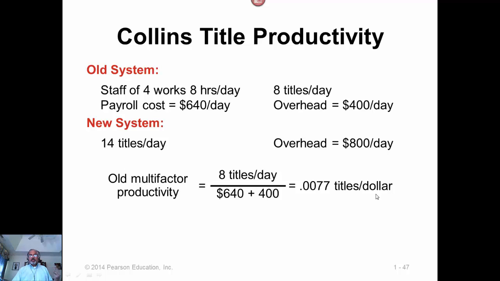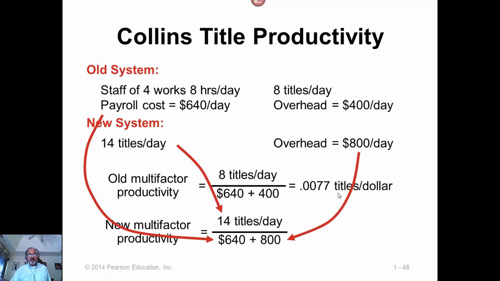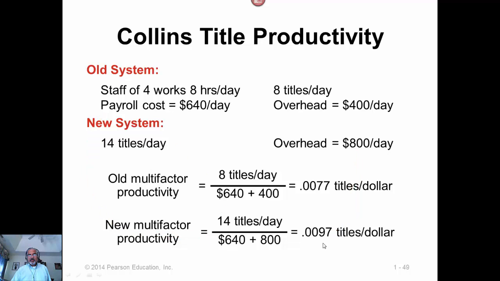This is a two input multi-factor productivity. So the denominator can be a basket of inputs that you're interested in, whatever your interest is. Now in the new system, the new multi-factor productivity will be 14 titles divided by 640 plus 800. So the increase in productivity is 0.002 per dollar amount.